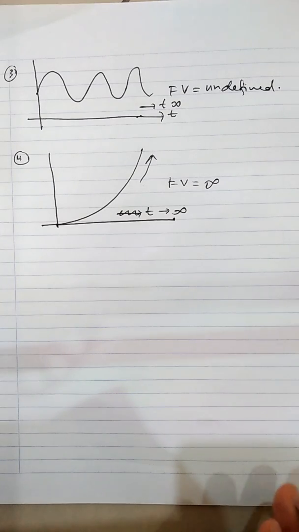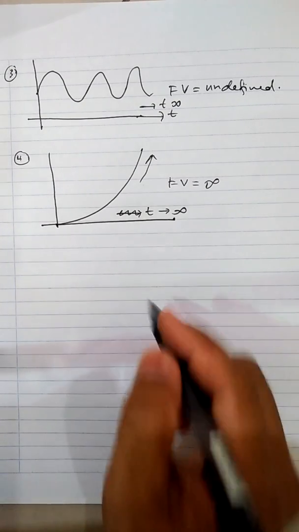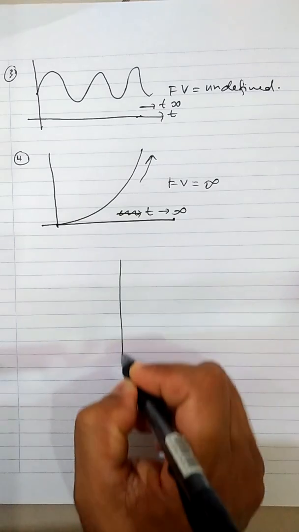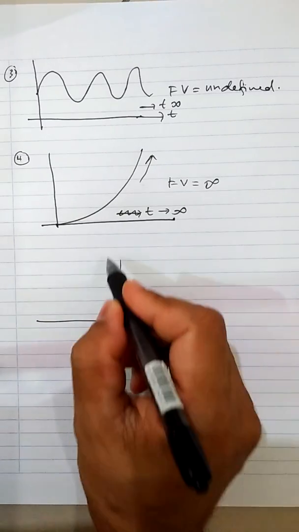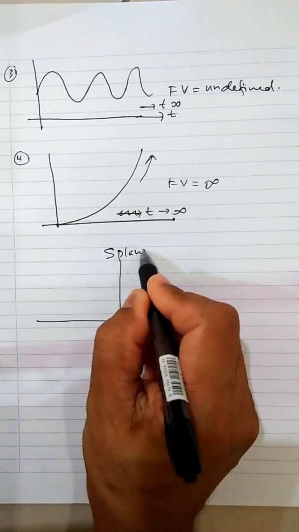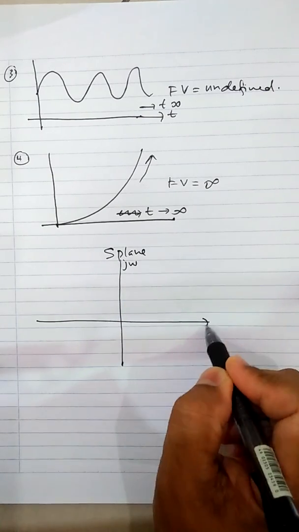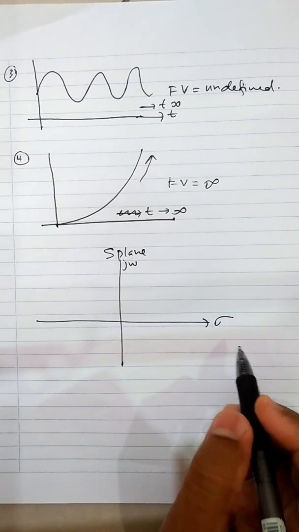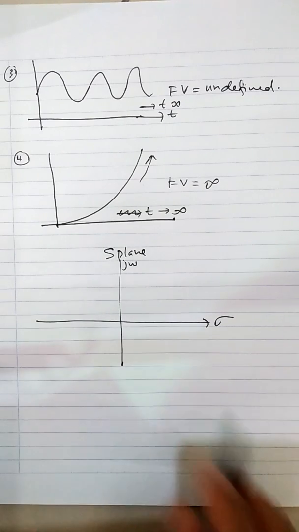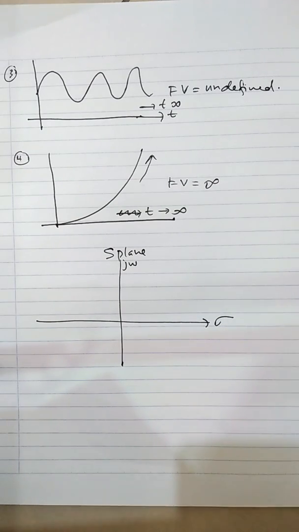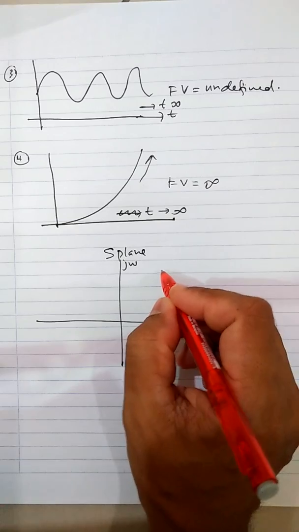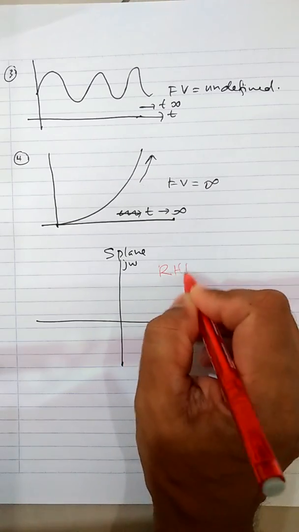Okay, now let's go to the S-plane. J omega, sigma. We know that in the S-plane, this side we call the right hand plane and this side we call the left hand plane.